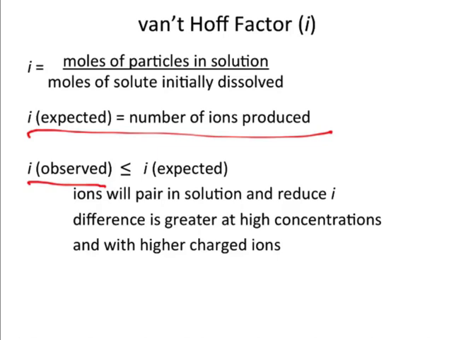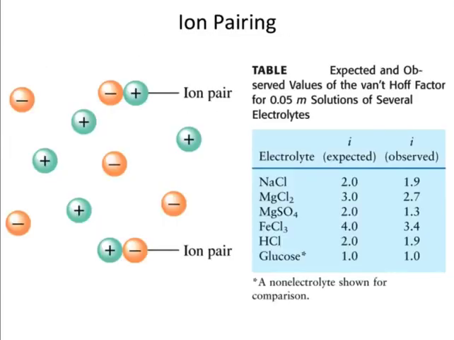And so your i that you actually get is always a little lower than you would expect. So, for example, when you have sodium chloride, you expect the i to be 2, but the i is actually 1.9.